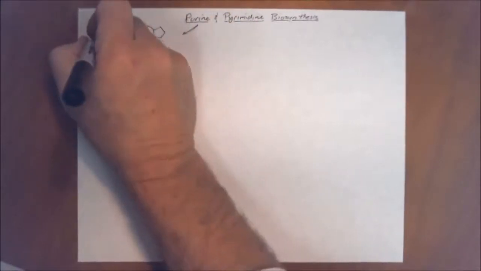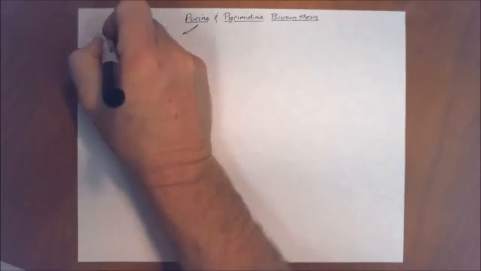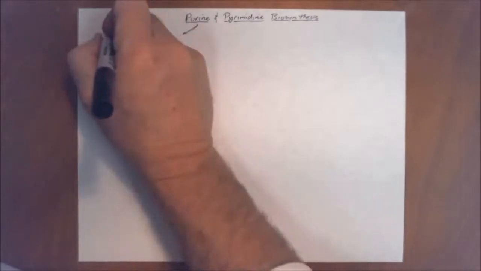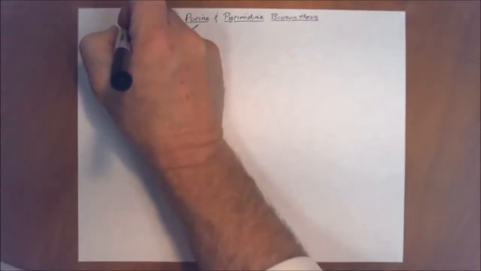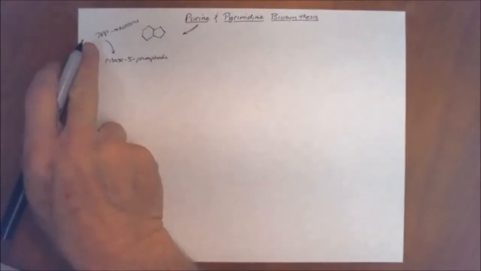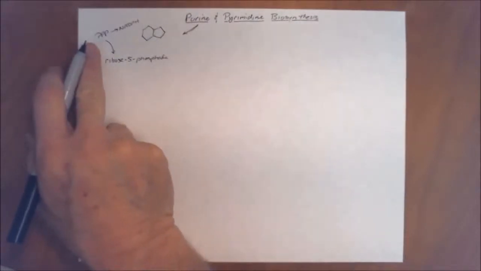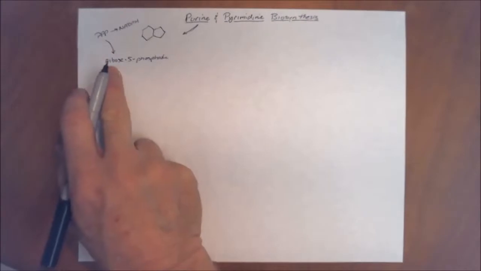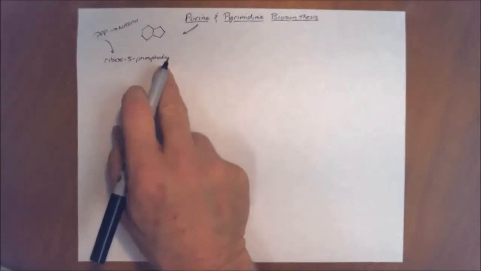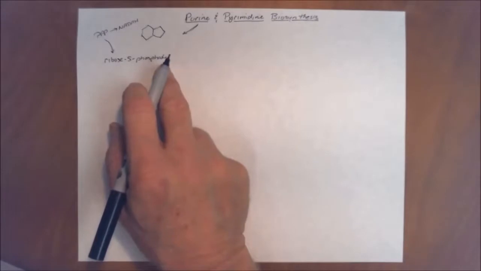Recall, this is a product of the pentose phosphate pathway. The pentose phosphate pathway is involved in NADPH generation, but also in the non-oxidative pathway is responsible for our 5-carbon sugars for ribose 5-phosphate for nucleotide synthesis.